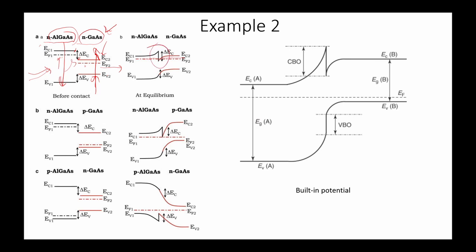This is the bending at the interface of N-type aluminum gallium arsenide and N-type gallium arsenide. What I wanted to tell you is that at this point the Fermi level is above the conduction band.